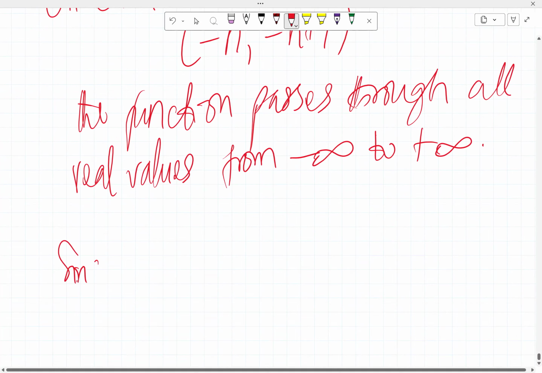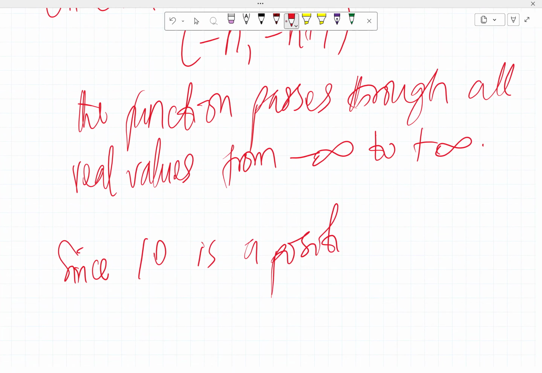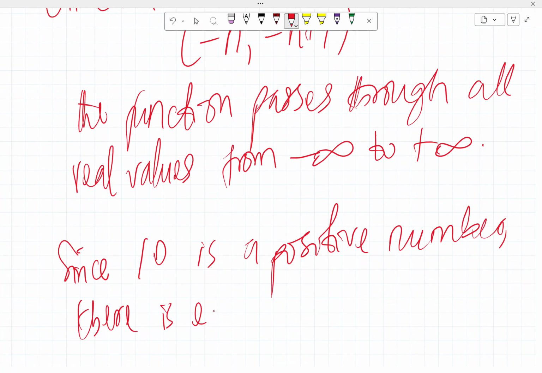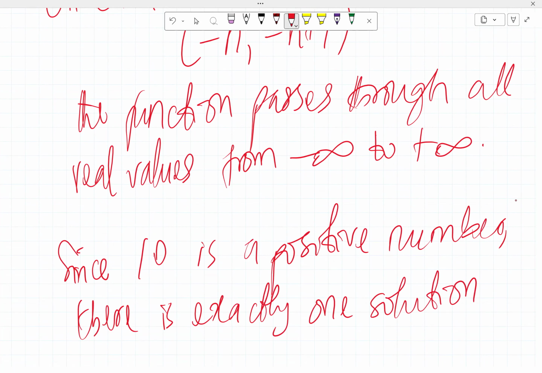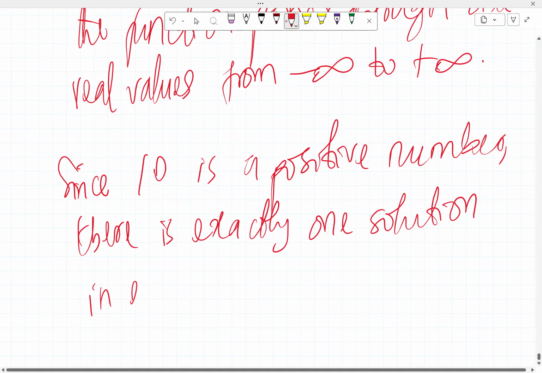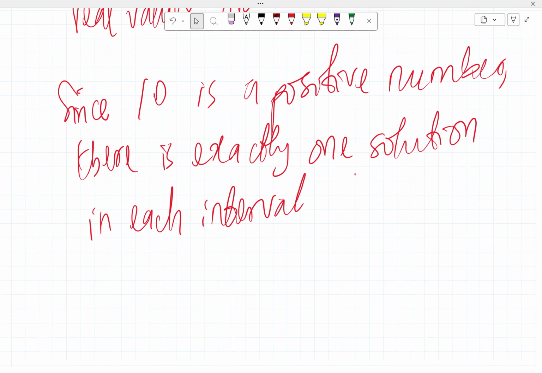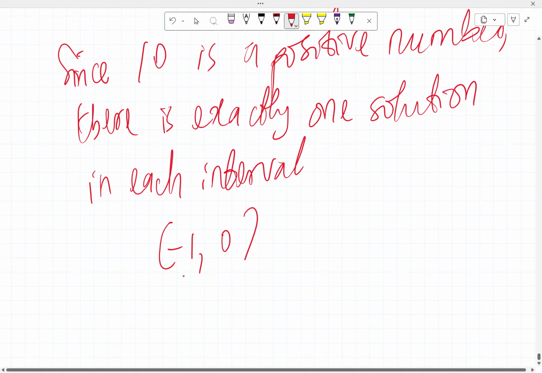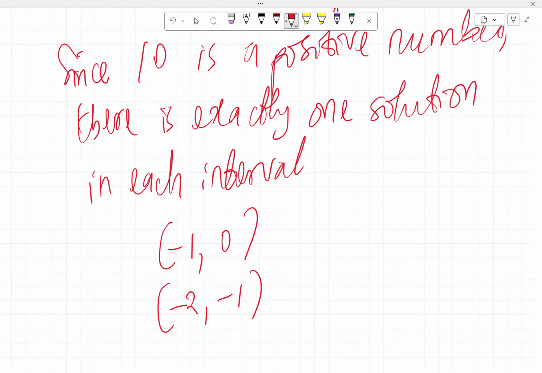Since 10 is a positive number, there is exactly one solution in each interval, that is -1 to 0 and -2 to -1.